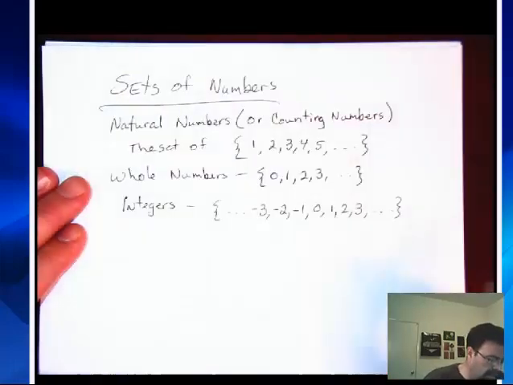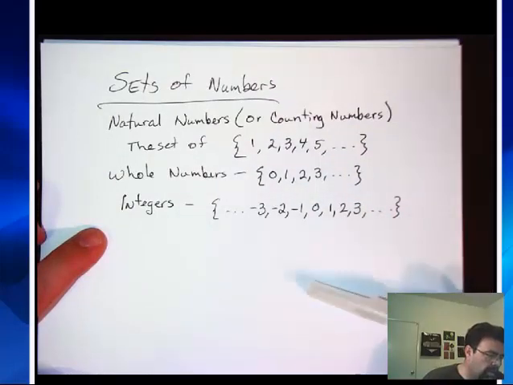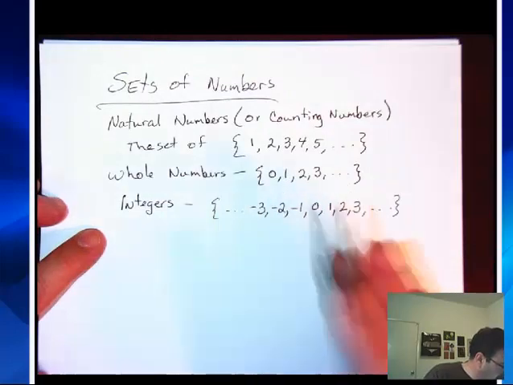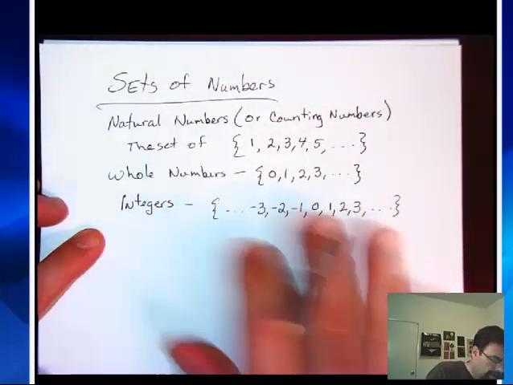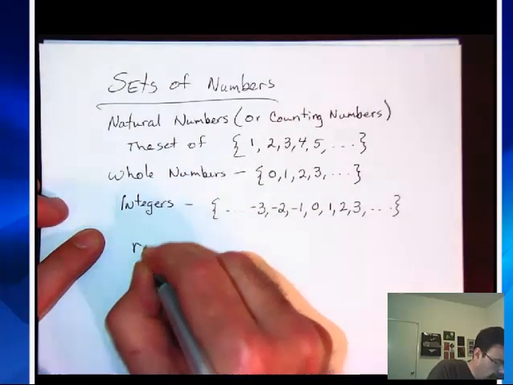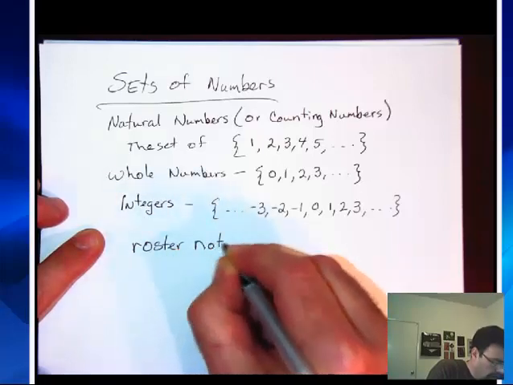The next thing I want to talk about before we finish off with the sets of numbers, because we still have to talk about rational numbers and irrational numbers, but before we do that, I want to talk about this notation here. So when we're talking about sets, we use two types of notation generally. There's what's called roster notation.